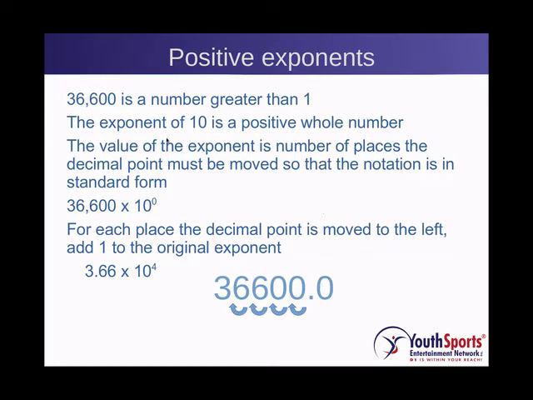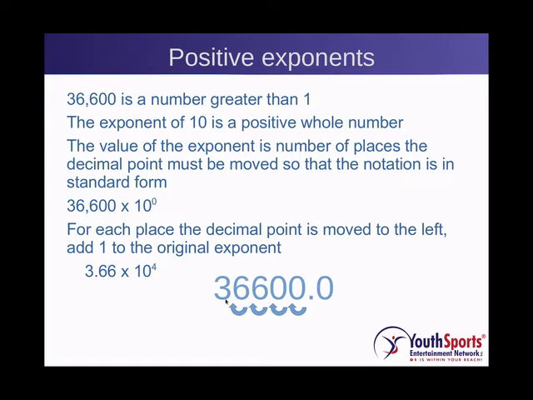Now let's take another number, for example, 36,600. This number is greater than 1. Therefore, the exponent is going to be a positive number. To find out what the exponent is, you can think of it this way: 36,600 multiplied by 10 to the 0, this is equal to 1. Now, to get the decimal point in its correct location for the standard notation, there can be only one digit on the left side.